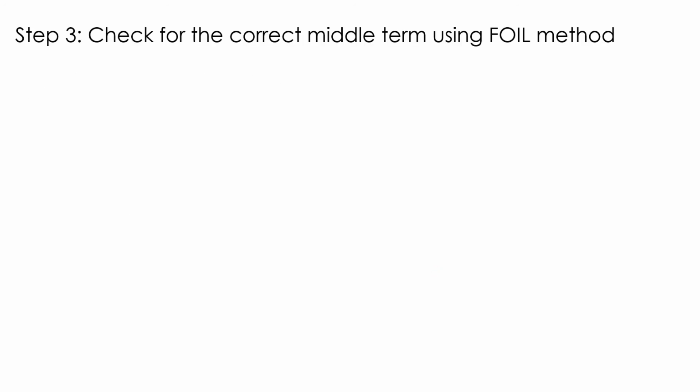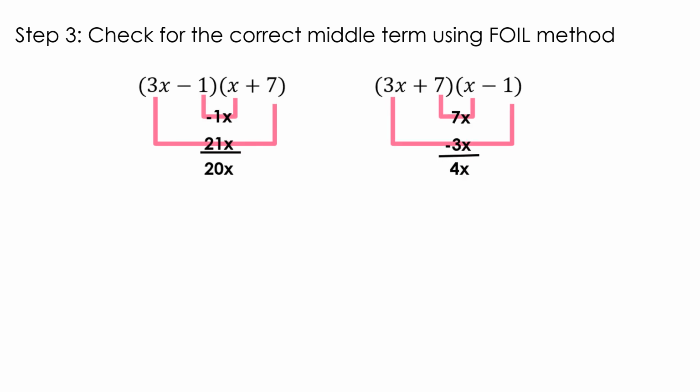Okay, so step 3 is check for the correct middle term using FOIL method. Let us check first our first and second pairs. So 3x times 7, that is 21x. Negative 1 times x, we have negative 1x or negative x. And you add negative x plus 21x, that is positive 20x.